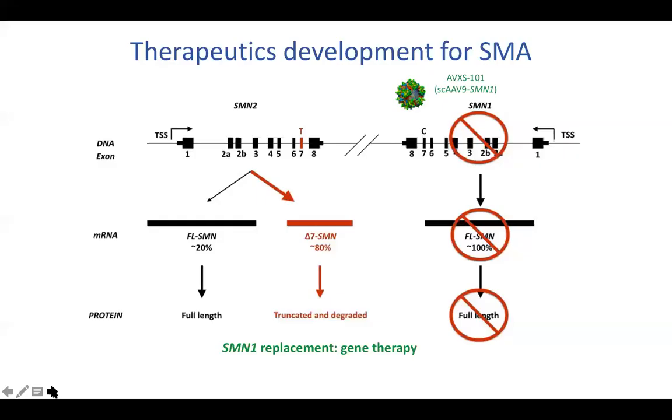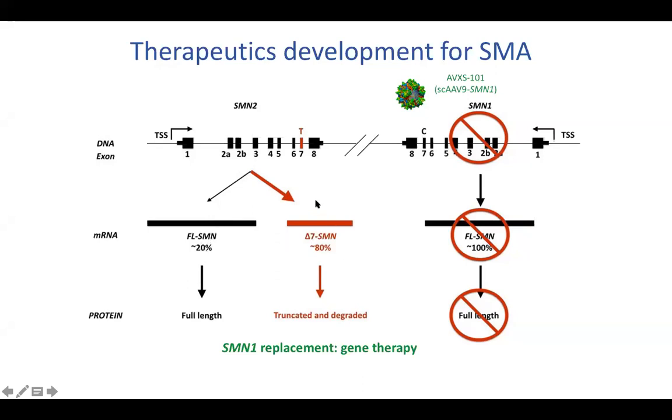So the idea arose, is there a way not just to give back SMN1, but somehow improve the copy number of SMN2? And it turns out that SMN2 is usually truncated and degraded, but there is some residual SMN2 that is produced.